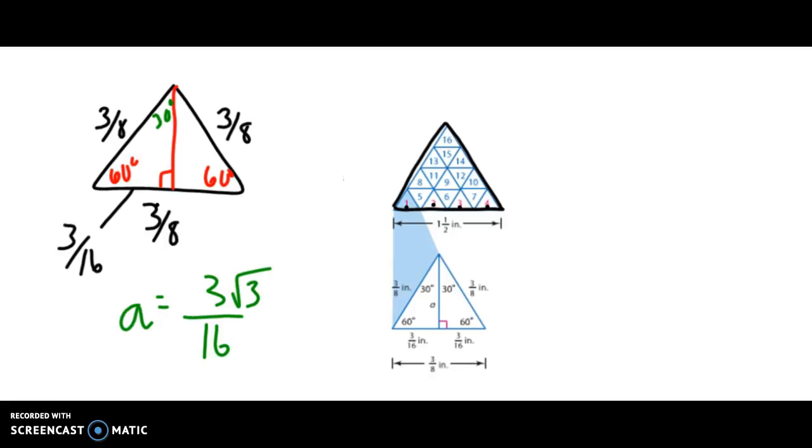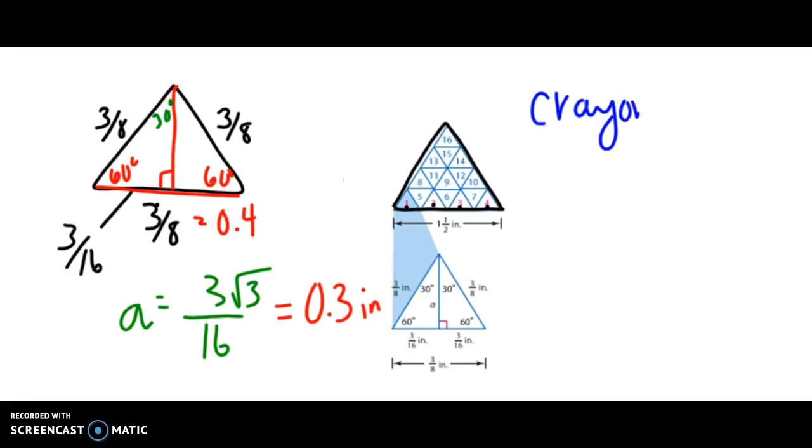So if I wanted to reduce that as a decimal, 3 square roots of 3 over 16 is approximately 0.3 inches. And we found the base to be 3/8 inches, which is approximately 0.4 inches. So what is the dimension of each crayon? It's about 0.3 inches by 0.4 inches.